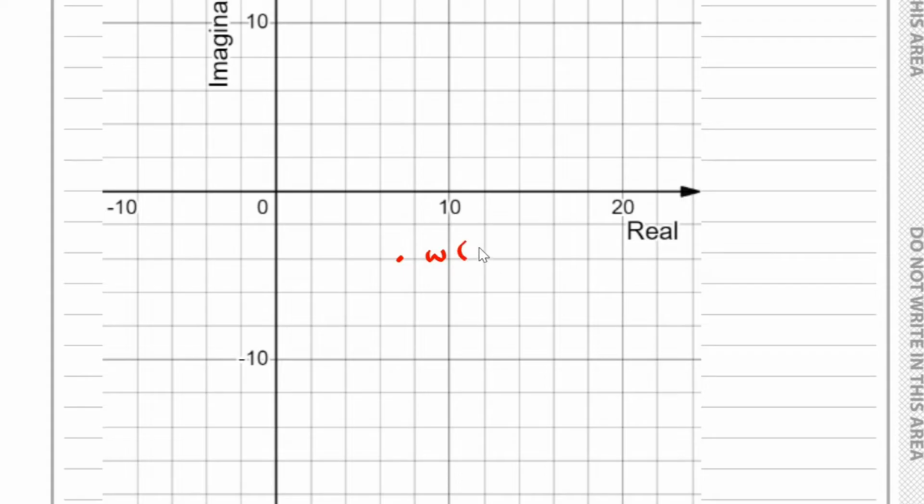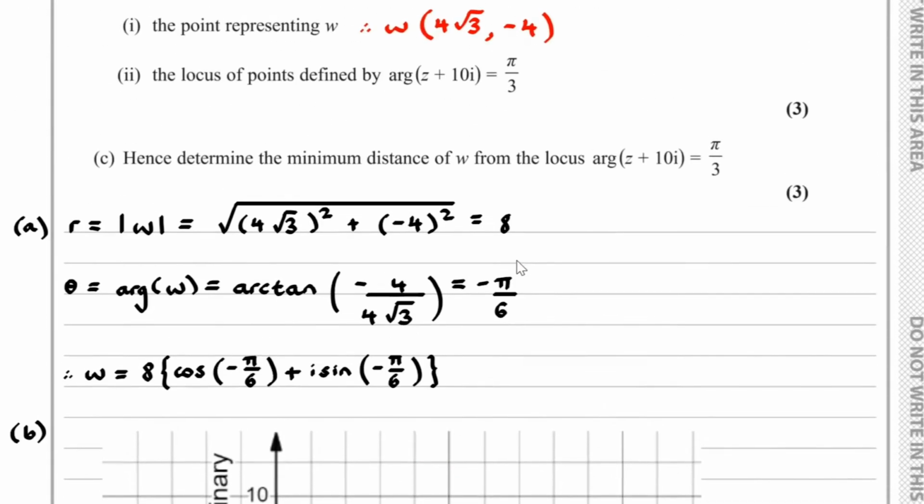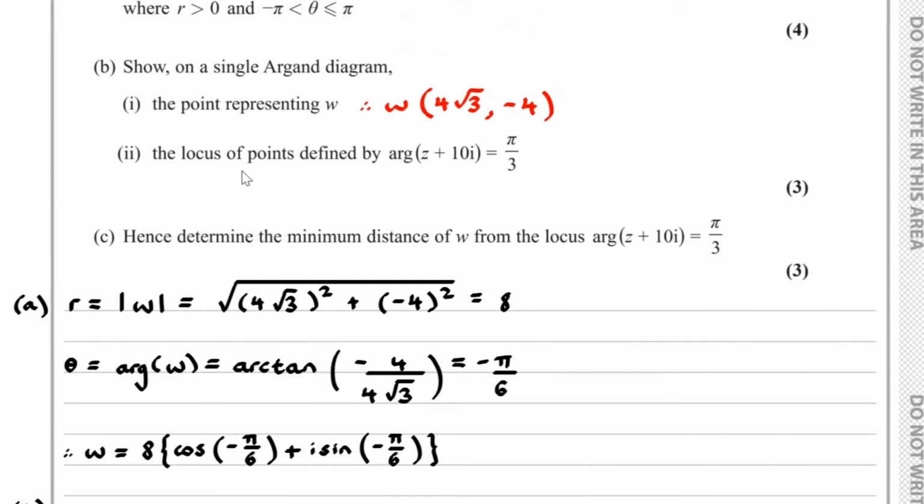And adding on the coordinates of w, I have 4 root 3, minus 4. And then the locus of points defined by the argument of z plus 10i equals pi over 3.